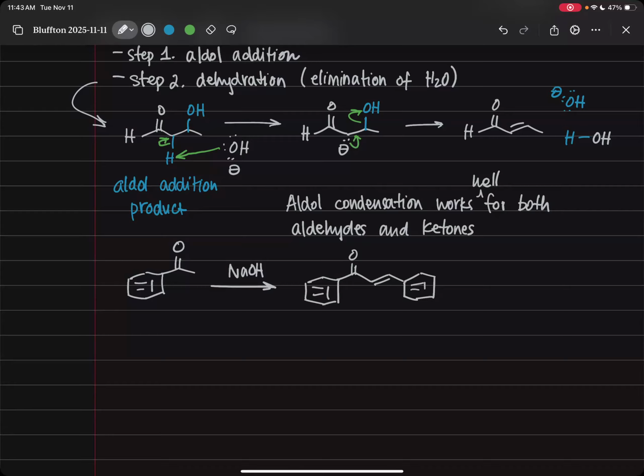What am I missing? There we go. Yep. With the right number of carbons here. 6, 7, 8.